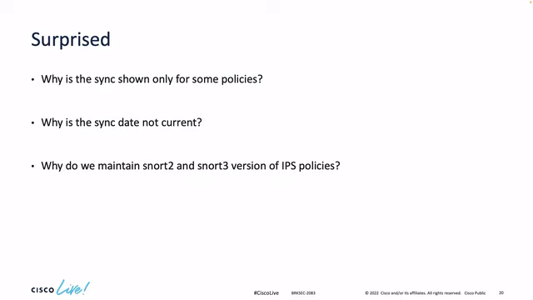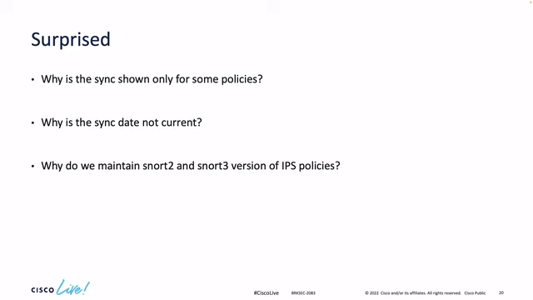We also answered the most important question of why do we maintain Snort2 and Snort3 version of the same IPS policies. This is to ensure that in case of hybrid deployments, it makes the life of network administrator easy, and you don't really have to have two different FMCs to manage Snort2 devices separately as well as Snort3 devices separately.